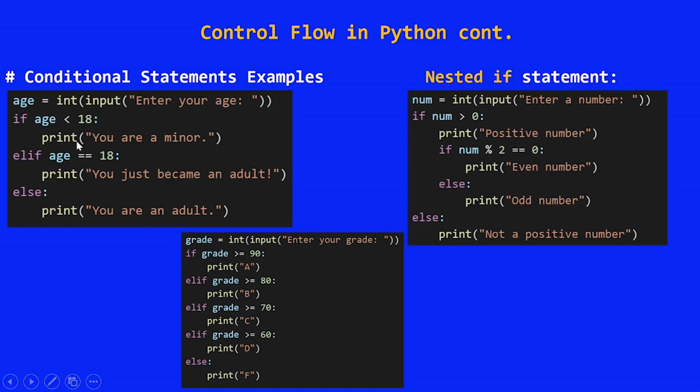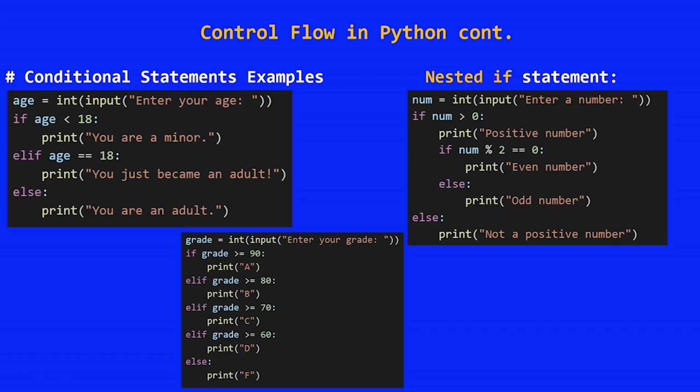Example 1 here, age. We need the age of the user. If the age is less than 18, for example, we need to print you are a minor. Elif age is equal to 18, which means the age is exactly 18, then you print you just became an adult.